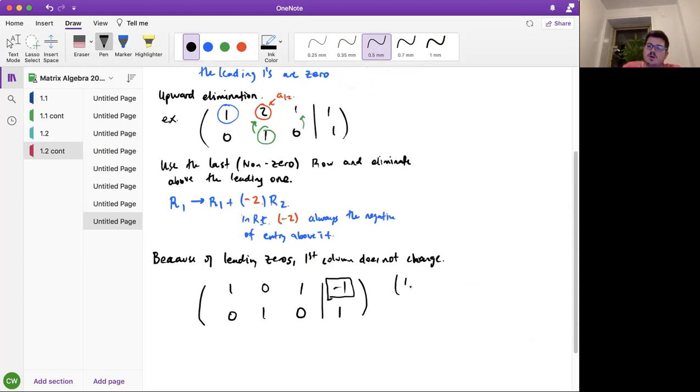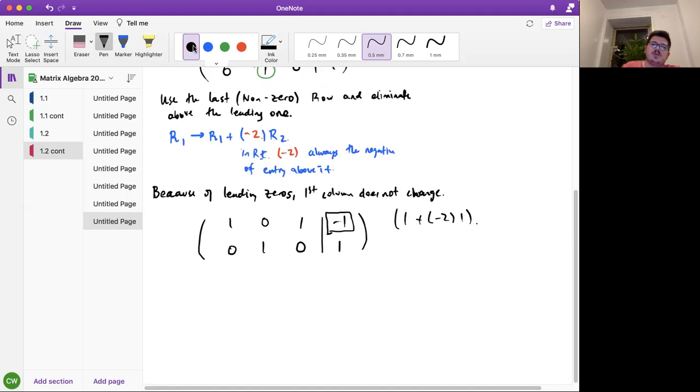Remember this is like 1 plus -2 times 1. So what is so nice about reduced row echelon form is that you can give me the solution just based on what it looks like here.